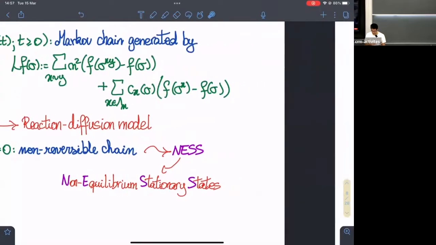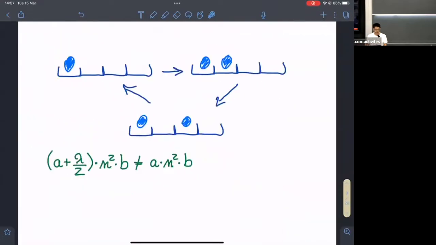And remember, how do we check that a system is non-reversible? You just have to find a cycle on which going in one direction has a different instantaneous rate than going in the other direction. If you look at this cycle here, for example, this transition has an instantaneous rate alpha plus lambda over 2. This one is n squared because it's an exchange, and this one is an annihilation, so it's b.